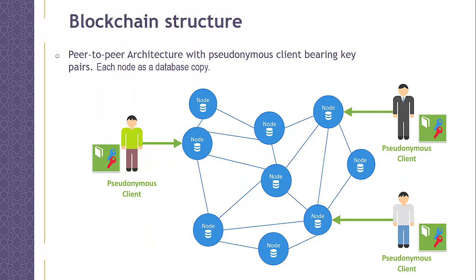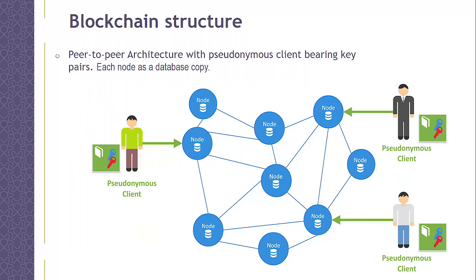Now, the peer-to-peer architecture is what is being embraced. As you can see from this diagram, we have different nodes from different locations. These nodes comprise different blocks of transactions, right?